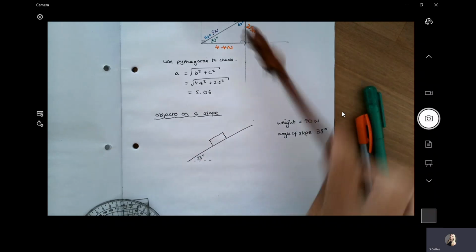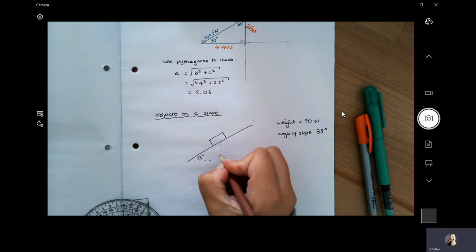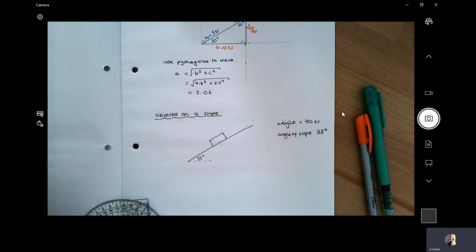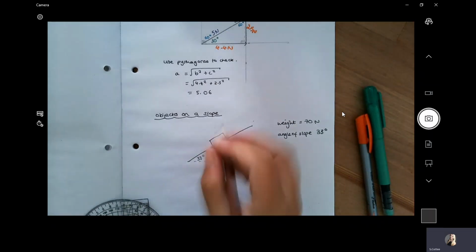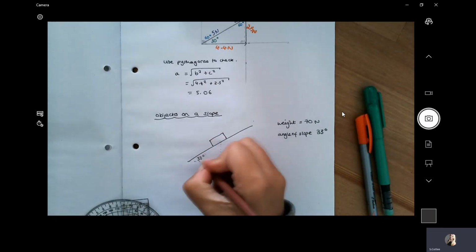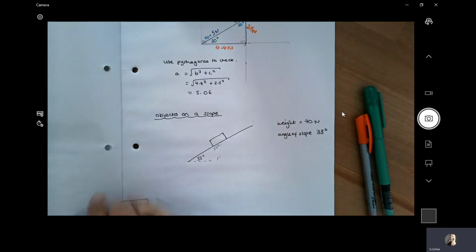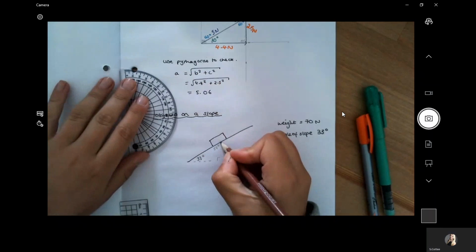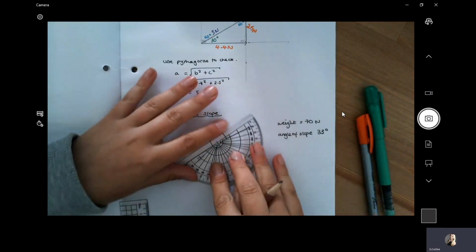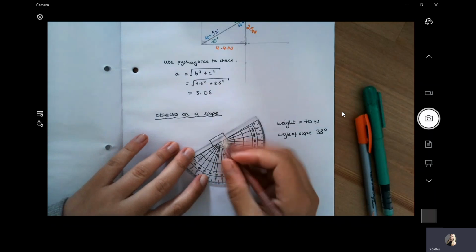If this is 33, just like we did up here, we have our weight acting down, then this angle up here has got to be 90 take away 33, which is 57. So using my protractor, I can now, from a point on this box, make sure that this angle is 57 degrees.